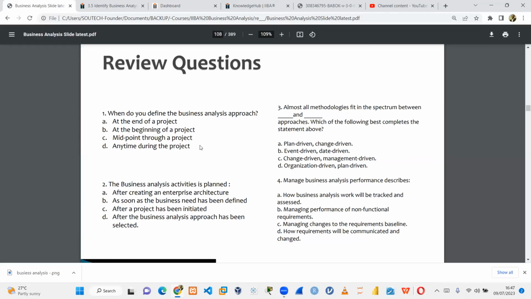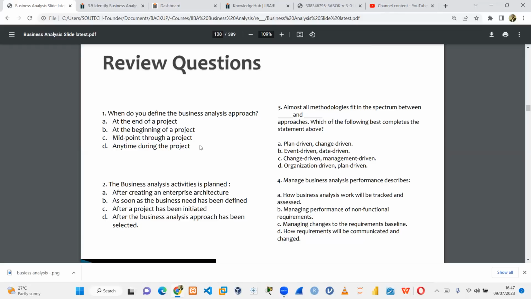So at the beginning of the project is always when you should look at the business analysis approach. How are you going to approach stakeholders? How are you going to get the details? How are you going to have your information, your documents? How are you going to approach storing them, assessing them, and sharing the information you have? So it's always at the beginning.